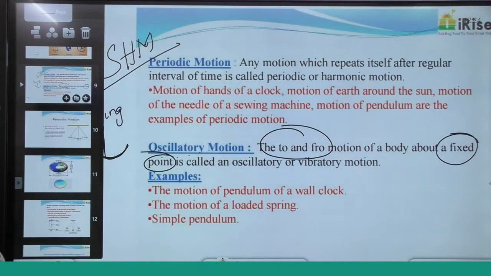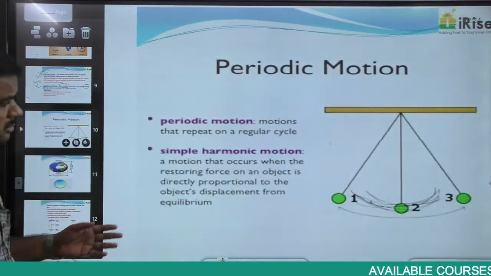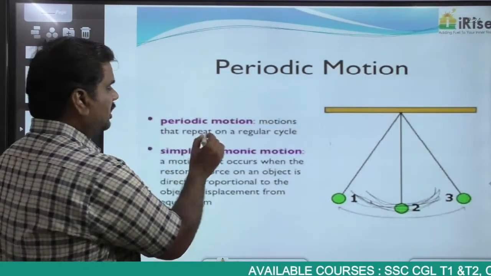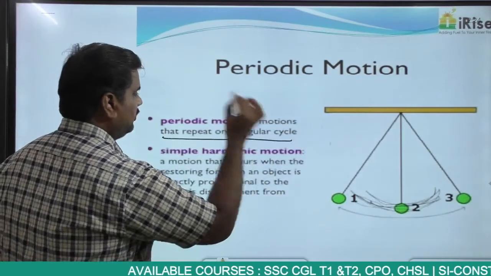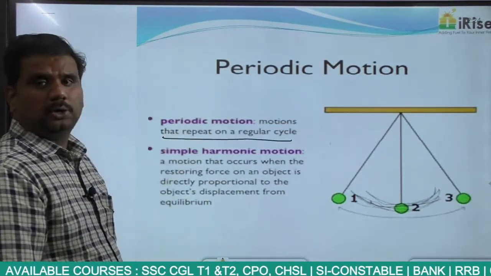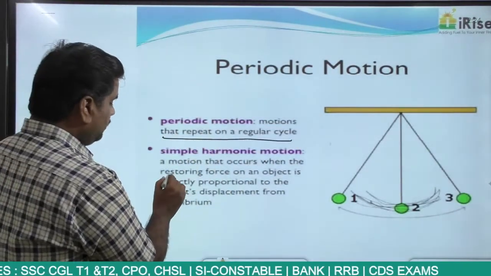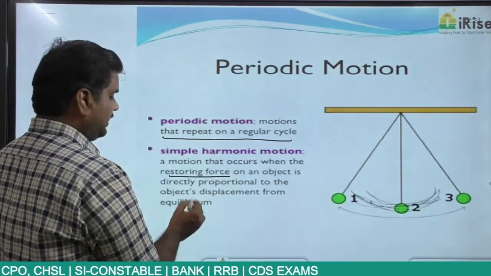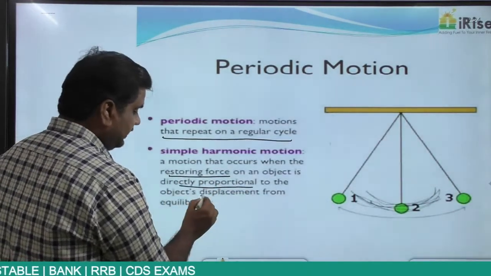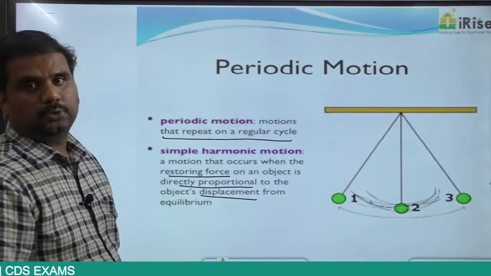Now, when talking about periodic motions, simple harmonic motion is also periodic. A motion that repeats itself on a regular cycle, we call periodic. In simple harmonic motion, the restoring force is directly proportional to the displacement that is produced.